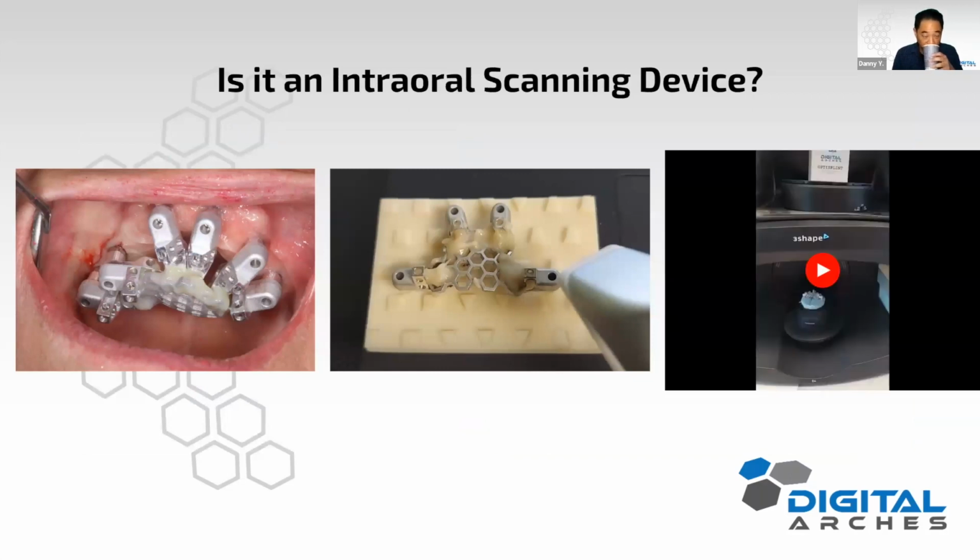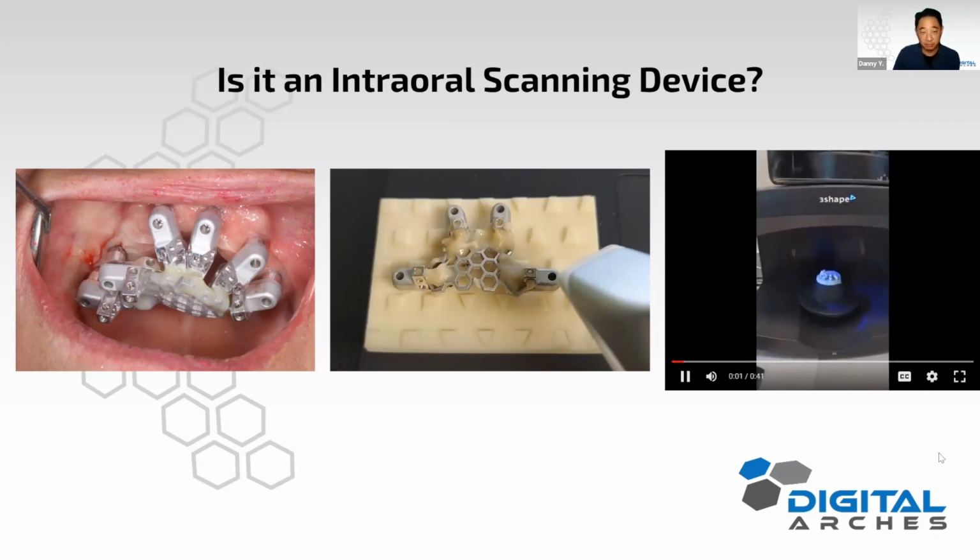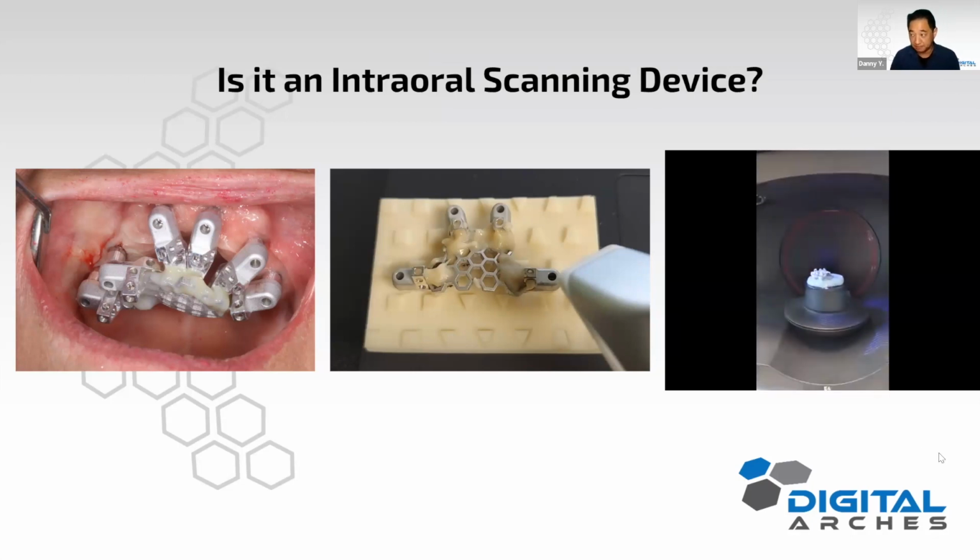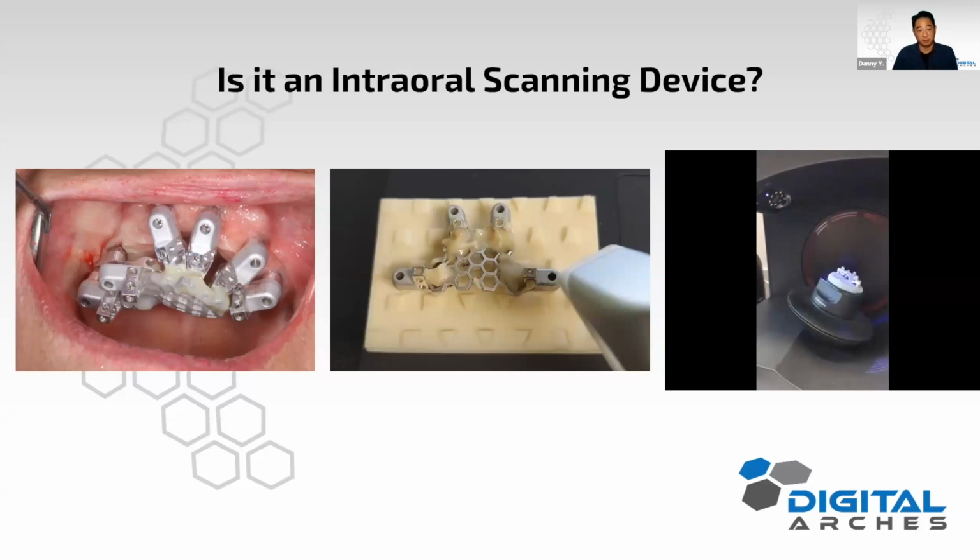But people are always asking me, and making the assumption, is this an intraoral scanning device? That's not actually true. You can scan OptiSplint in the mouth, but if you do, we would recommend that you pour a model from it.